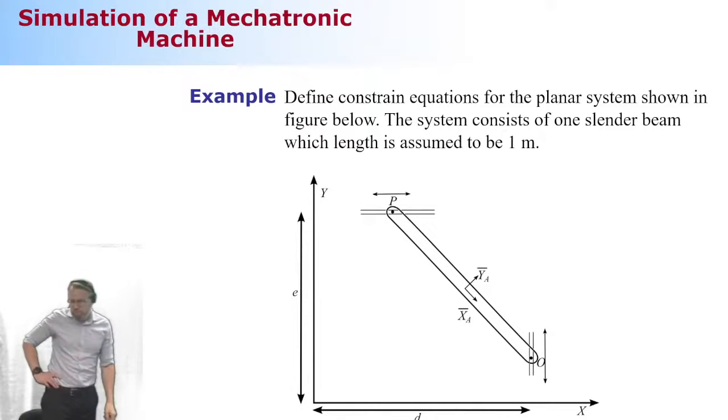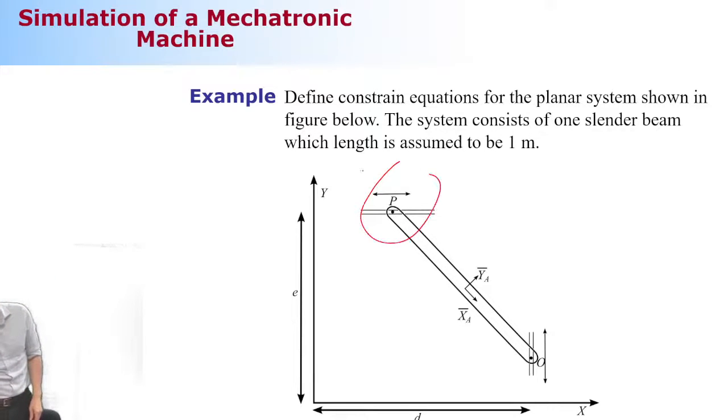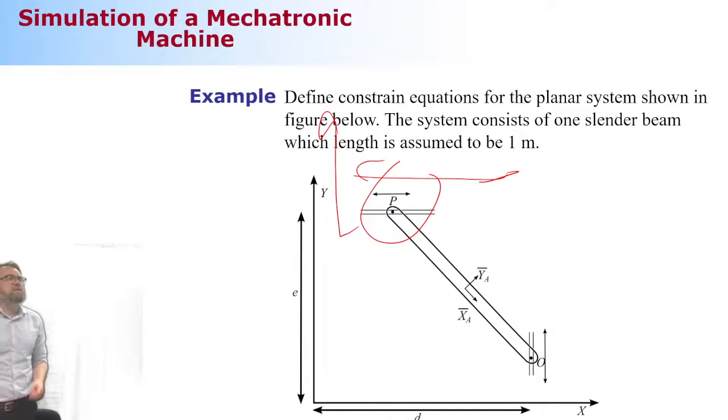The primitive joint works in such a way that where point P is located, it can slide along the global x-axis direction, but it cannot move along the global y-axis direction. This is constrained.